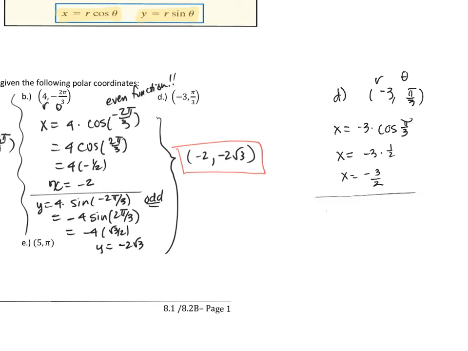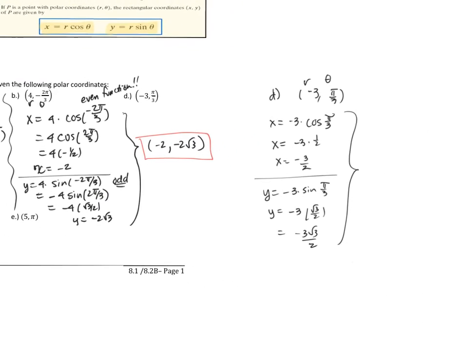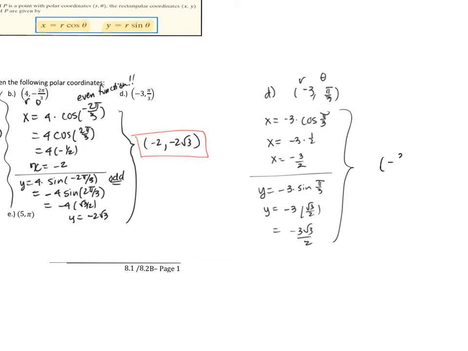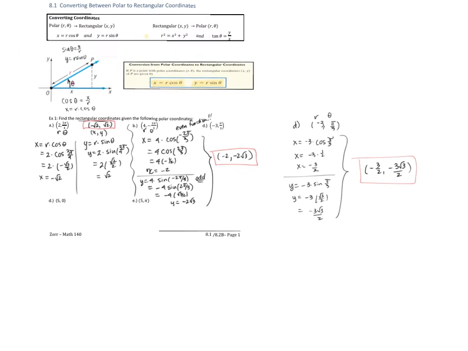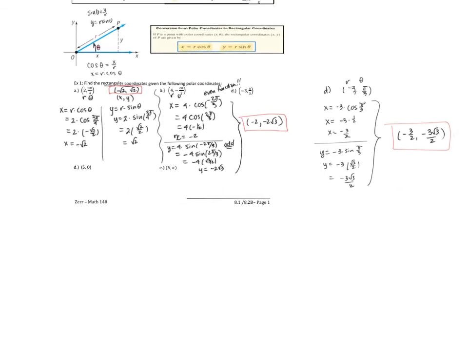And then our y is negative 3 times sine of pi over 3, so we'd get negative 3 times square root of 3 over 2. Put that together, and our point in the rectangular system is negative 3 over 2 and negative 3 root 3 over 2. So you get the idea. Nice.